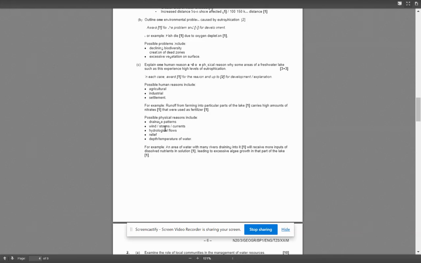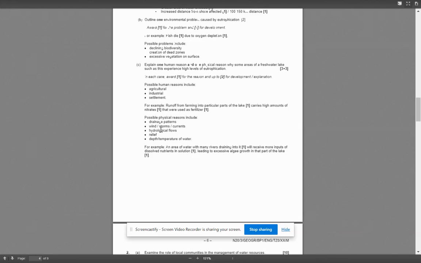Hydrological flows could relate to things like the water supply in the area, say rain, which would contribute to washing those dissolved nutrients, normally from chemical fertilizers, the nitrates and phosphates, through the soil, down the rivers into the lake, and then contributing to eutrophication.